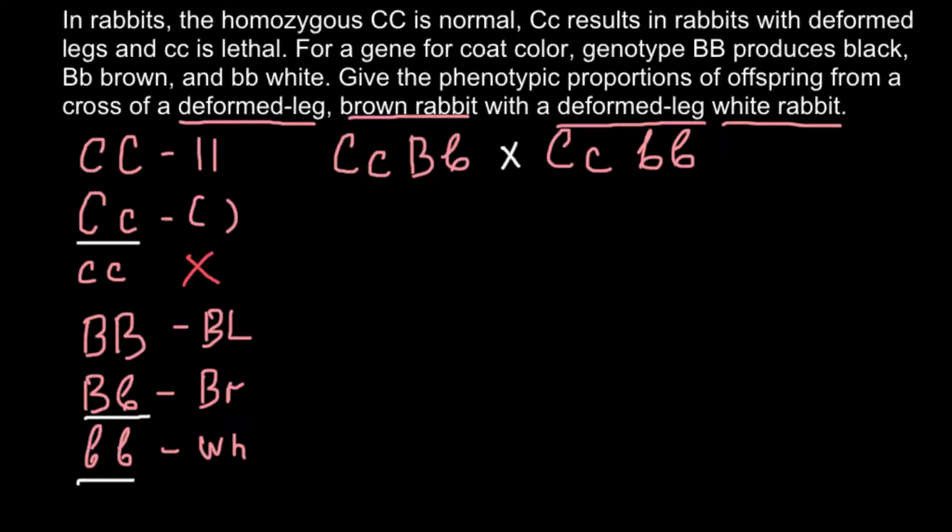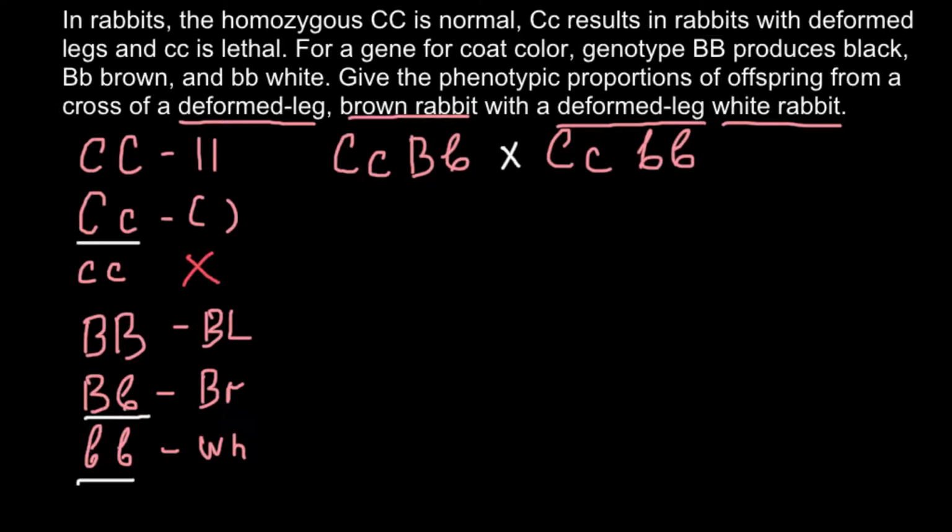So we are going to cross these two parents, and now we have to find what phenotypic ratios we can get for the progeny. First of all, in order to find these phenotypic ratios, we have to find what kind of gametes these two parents can produce. It doesn't matter whether this is female or male.